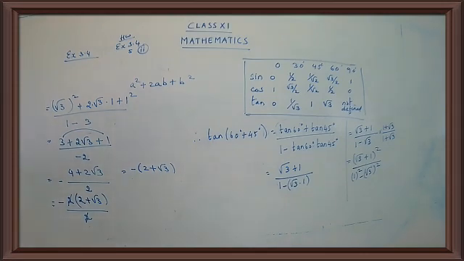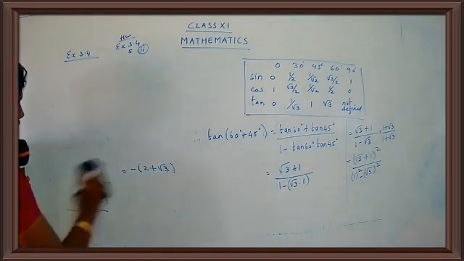Now, just move to question number 6. Take down the 6th question, children. Prove that the first one, cos of 30 degree plus x is equal to root 3 cos x minus sin x upon 2.